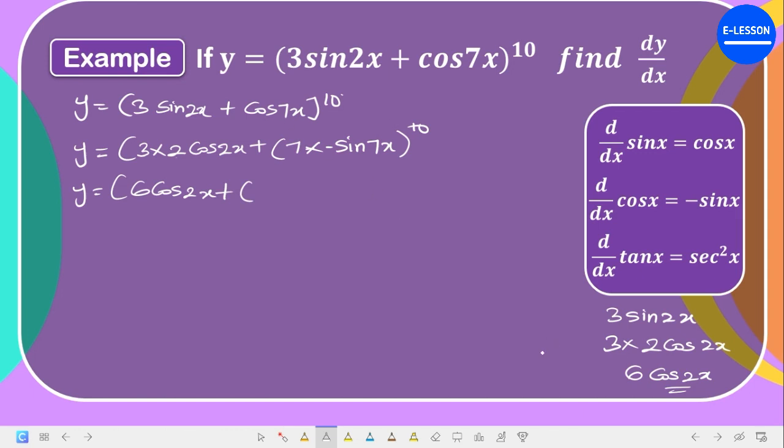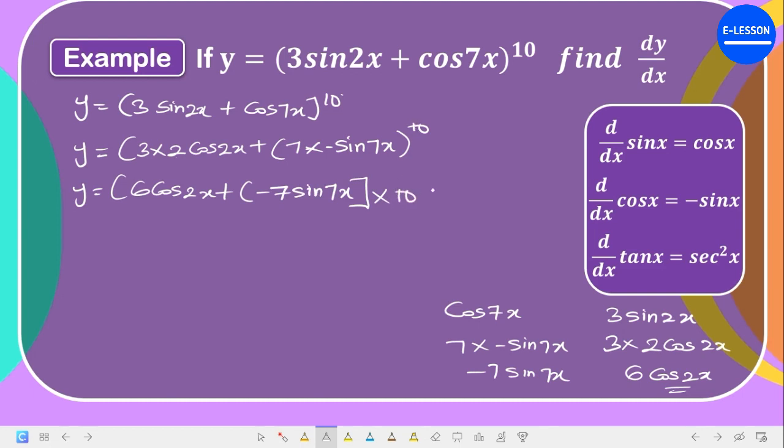Now cos 7x: differentiate 7x, what will it give you? 7. Differentiate cos, it will give you a minus sine. Then write the 7x again, which is minus 7 sine 7x. That's what we have here. 7 times minus sine gives us minus 7 sine 7x.